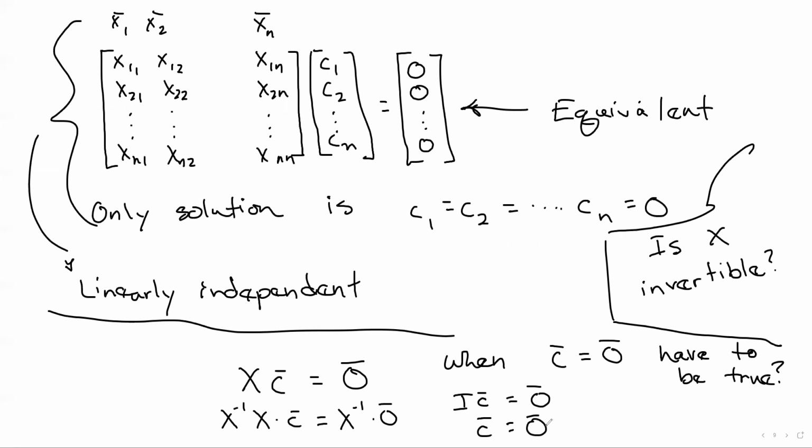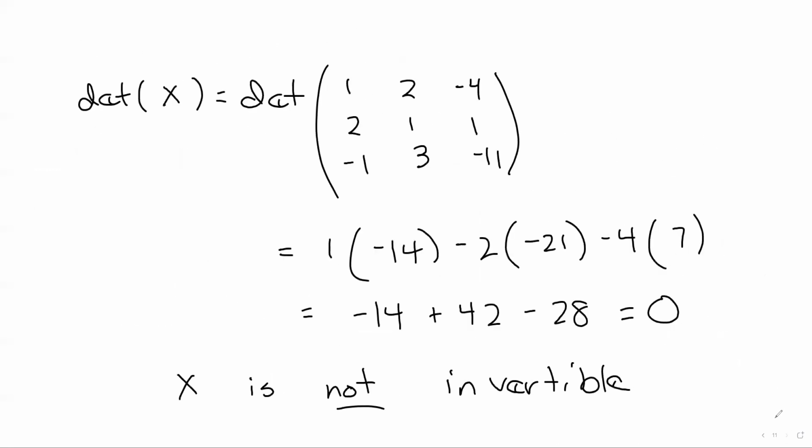That's where we get independence. We would be guaranteed to get independence if x is invertible. If x is not invertible, then we get dependence. In this case, the fact that we got 0 tells us that x is not invertible, and thus the vectors are linearly dependent.